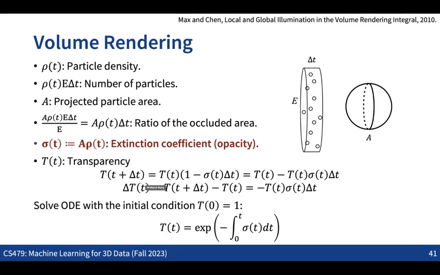The probability for this can be computed as the probability that the ray does not stop until time t, multiplied by this. This is the probability of how likely the ray will make some interaction with the particles, and 1 minus that is the probability that the ray will not make any interaction at this specific slice.